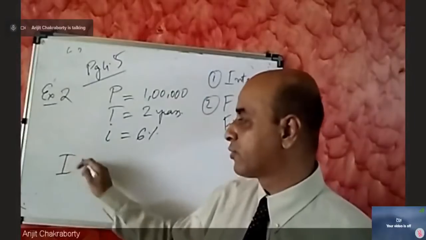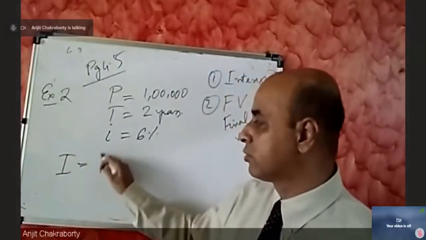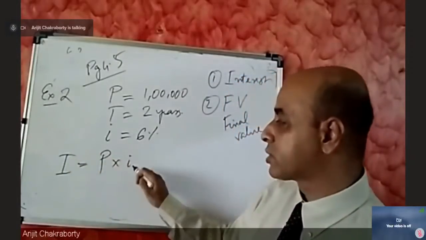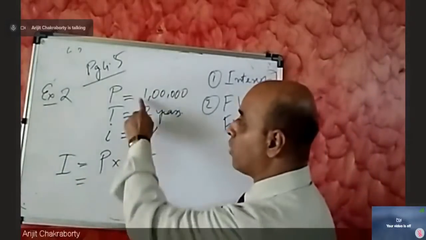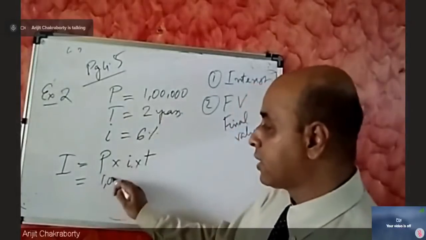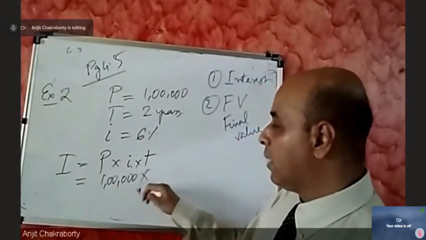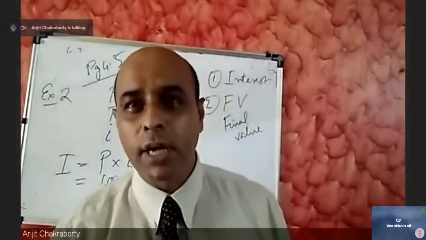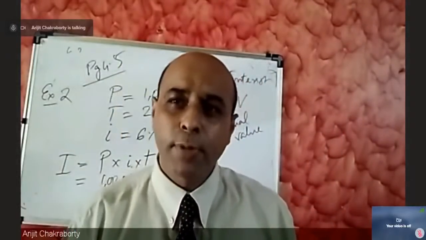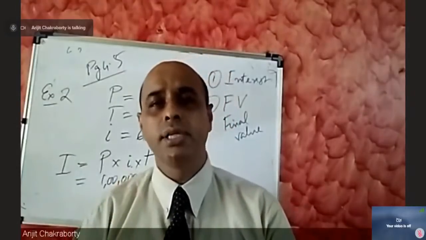So interest we have to calculate. We know interest is equal to principal into interest rate into time. Here the principal is 1 lakh. So it is 1 lakh multiplied by the interest rate. Interest rate is 6%. So we can understand 6% means 0.06.